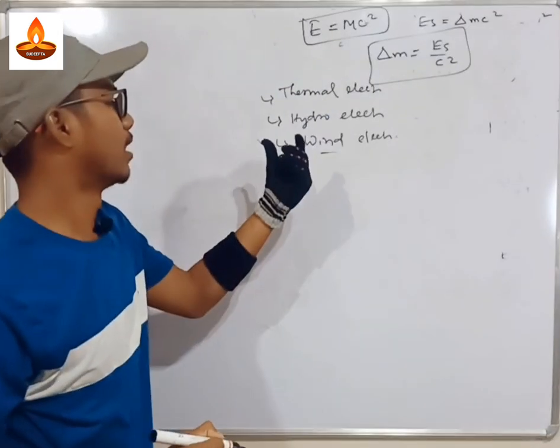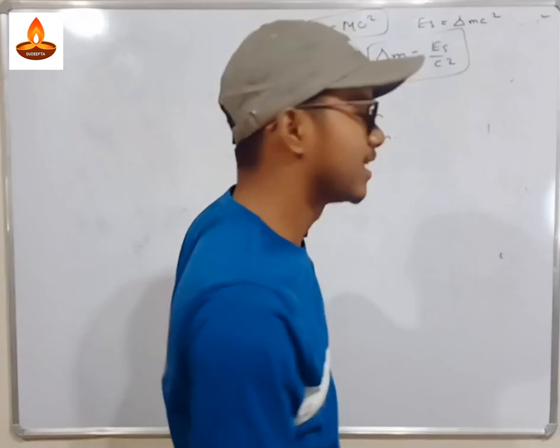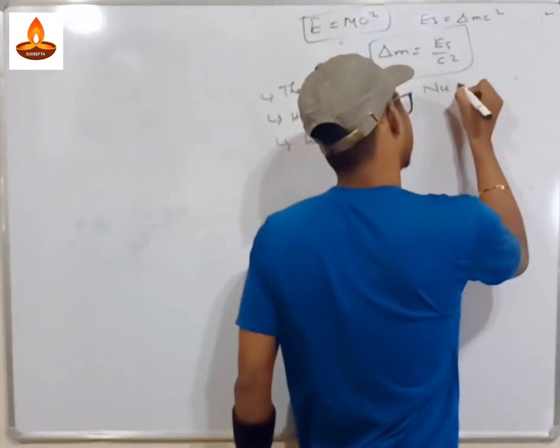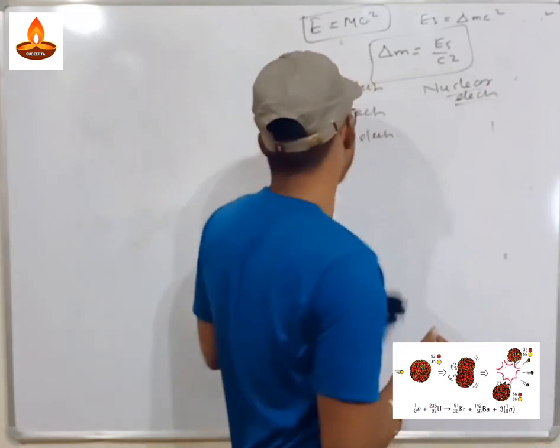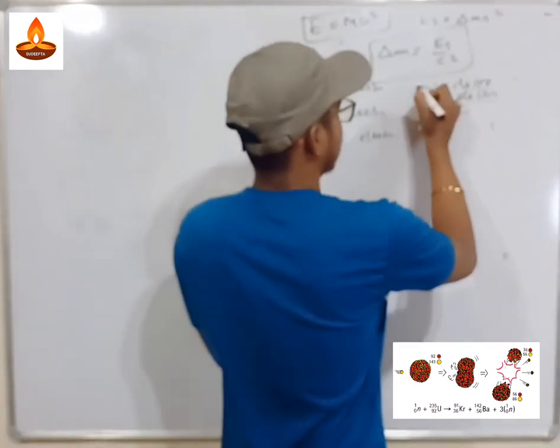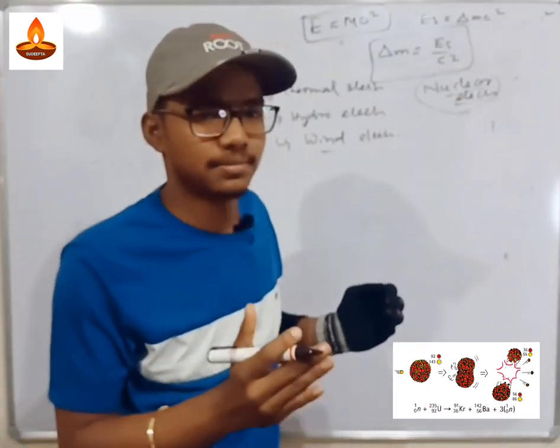So from thermal, from hydro, that is water, and from wind. And we also get nuclear electricity. Of these, the most effective is nuclear. From a small quantity, we can get a large amount of energy in nuclear energy.